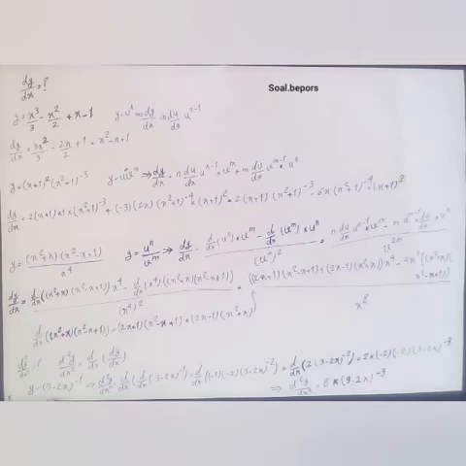Okay, if y equals (3 minus 2x) power minus 1, so d^2y/dx^2 is dy/dx of dy/dx of (3 minus 2x) power minus 1, two times dy/dx.